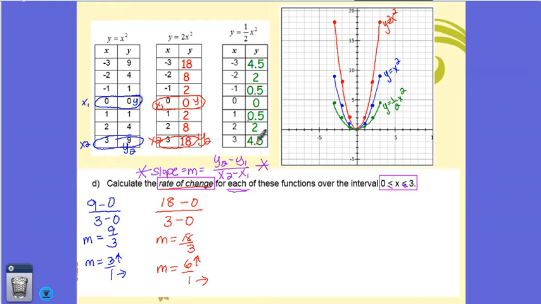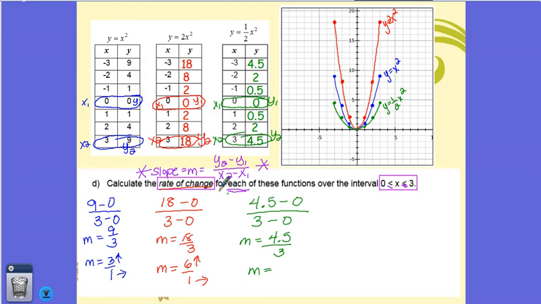And last, let's find the slope of our y equals 1/2 x squared function. I have x1 and y1, x2 and y2, y2 minus y1 over x2 minus x1. We end up with 4.5 over 3.